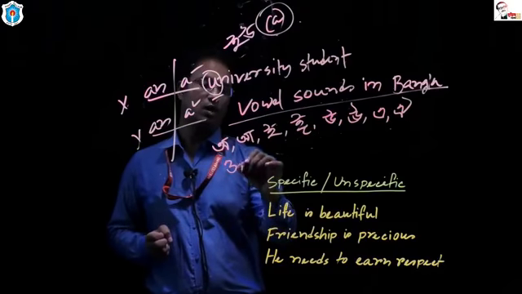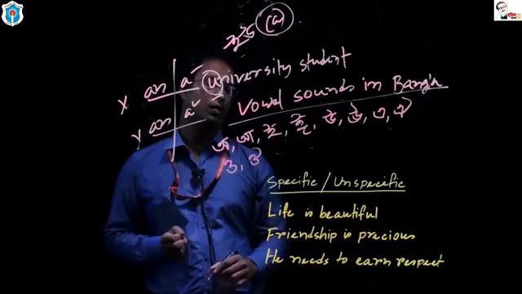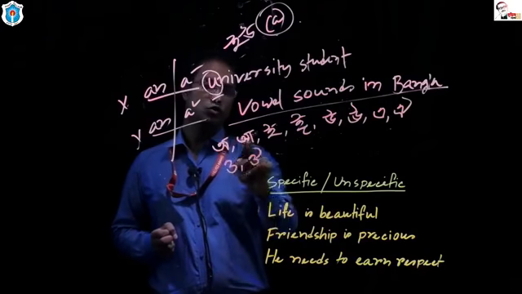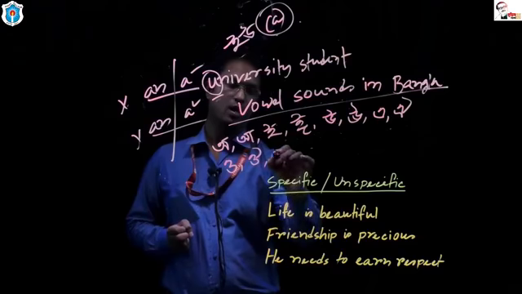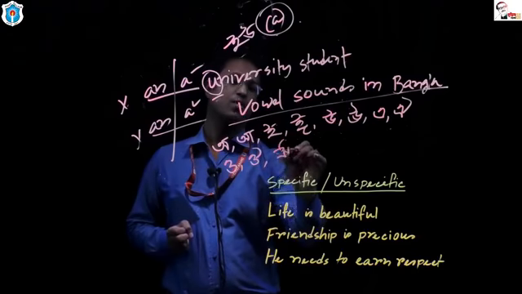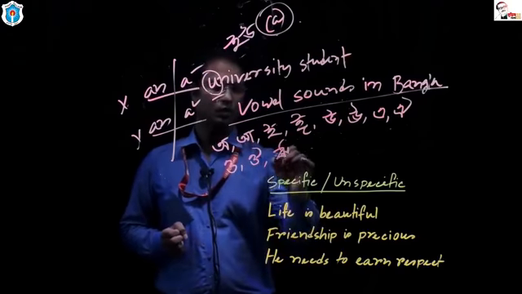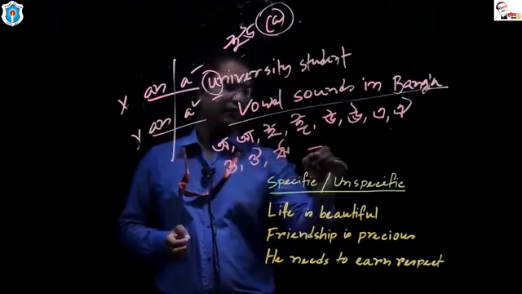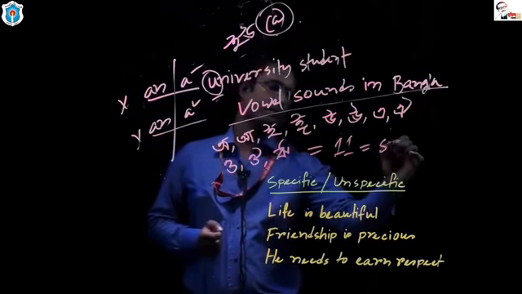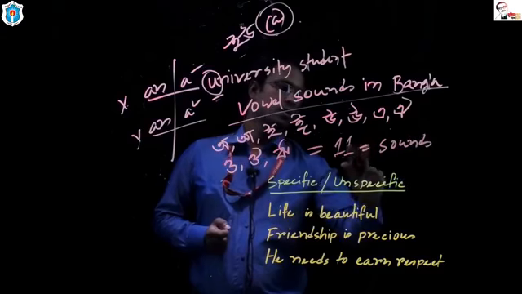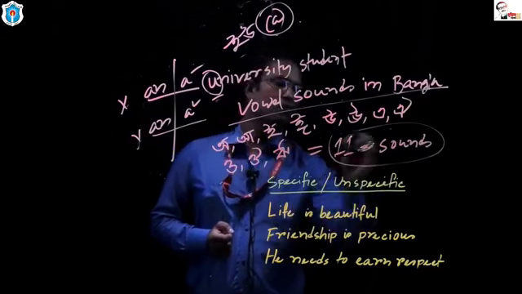And Re is a vowel sound. So there are 11 vowel sounds in Bangla.